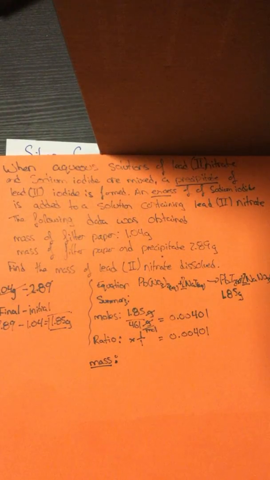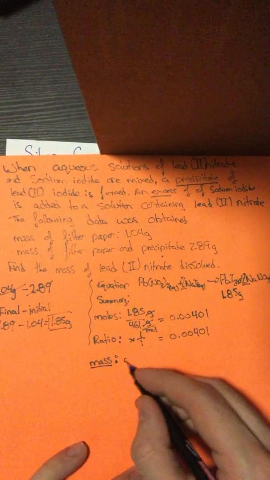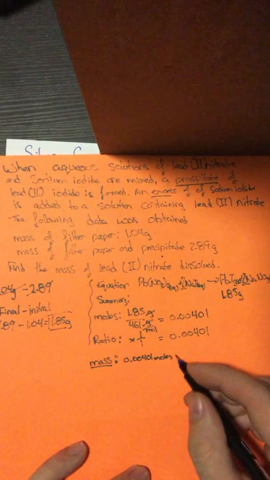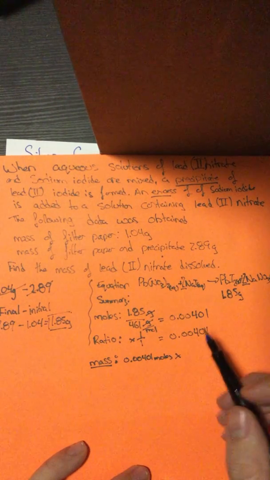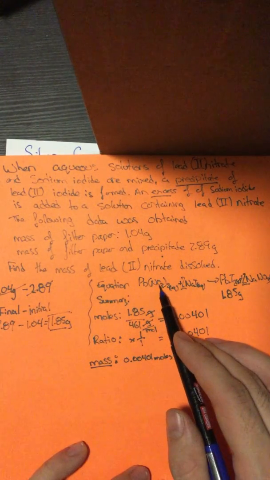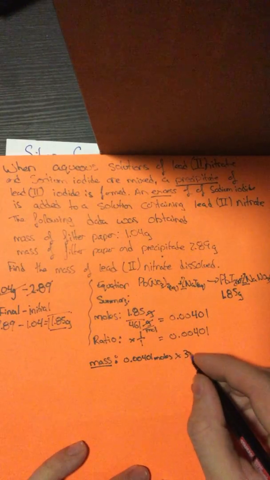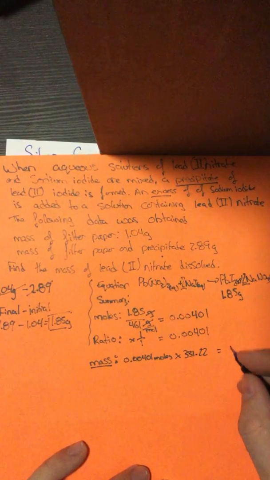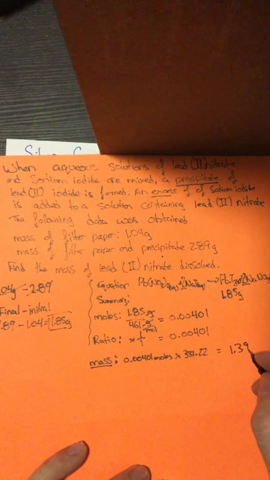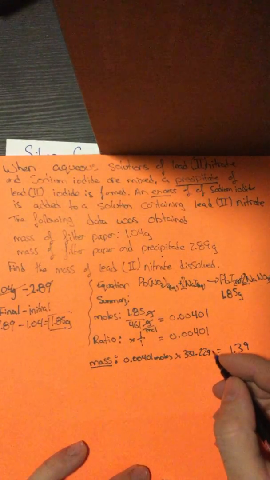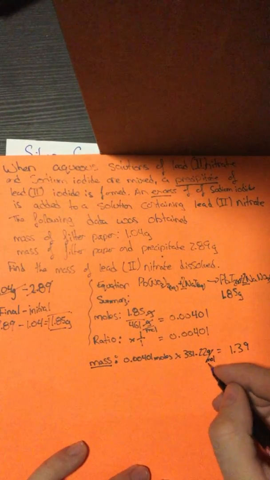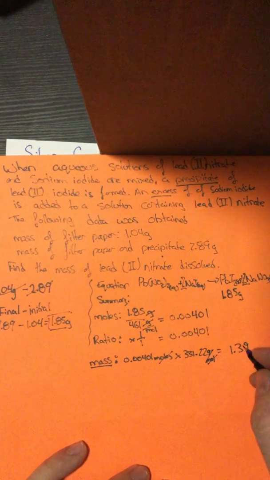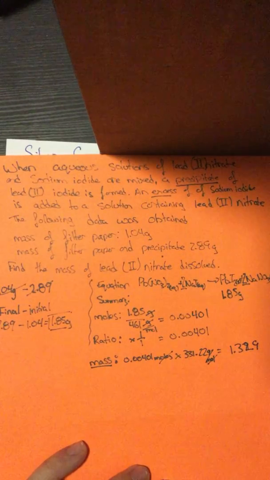And I'm going to, this time, multiply it by the molar mass. 1 mole multiplied by the molar mass of lead-2 nitrate, which is 331.22, and that is going to equal 1.39329, trailing onwards forever number.